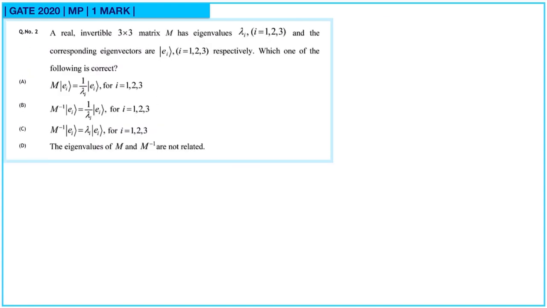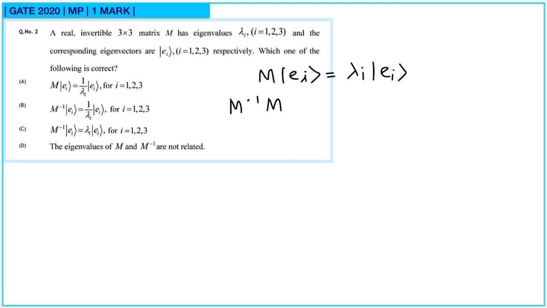Next question. A real invertible 3×3 matrix M has eigenvalues λi and corresponding eigenvectors ei. Which one of the following is correct? Now the eigenvalue equation is M operated on ei gives λi ei. Now let us multiply on both sides by M inverse.